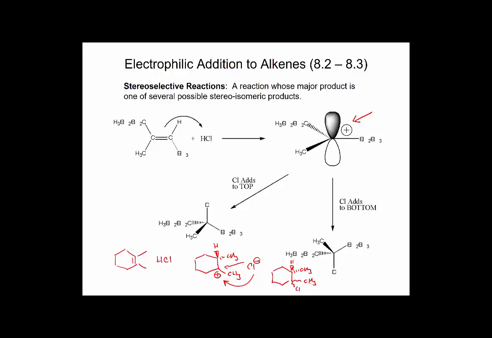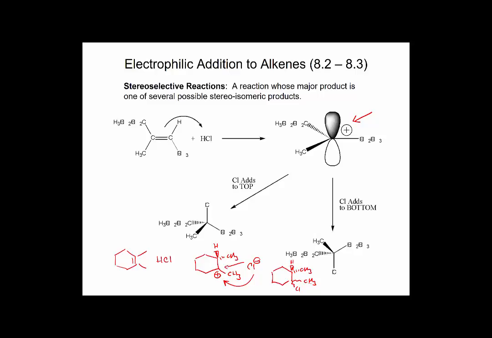So what I end up forming is 50% cis addition, 50% trans addition. So there are two possible products, it's just that the reaction doesn't select. It forms a 50-50 mixture, so it's not selective.